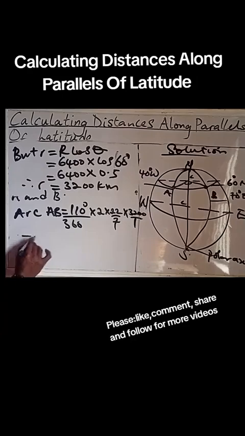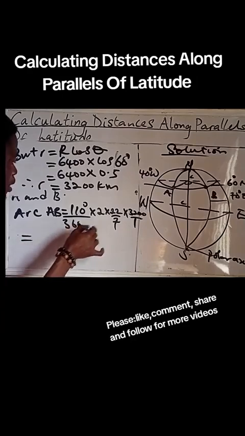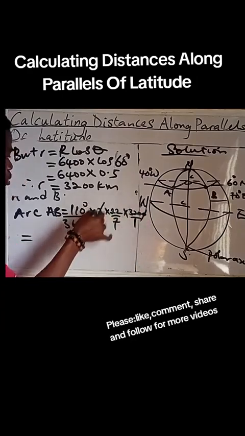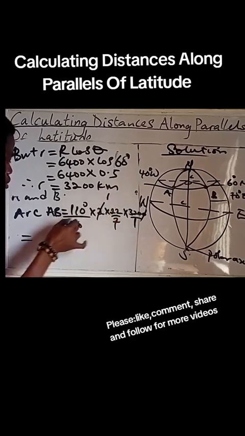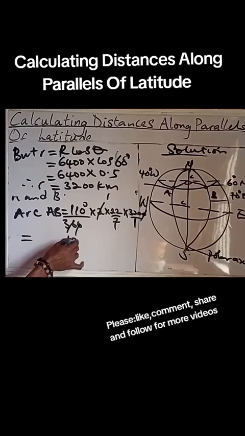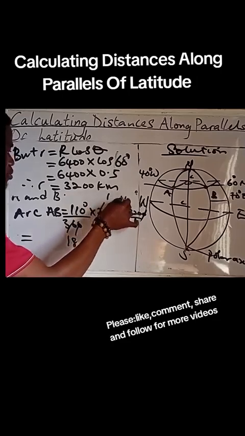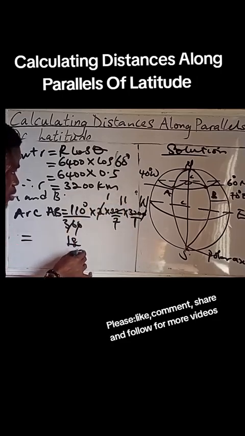So what can we divide? 0 can go in this one. 2 in this one is 18, 2 in this one is 11, 2 in this one is 9. Then what is the next thing?